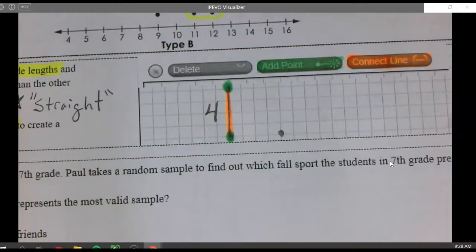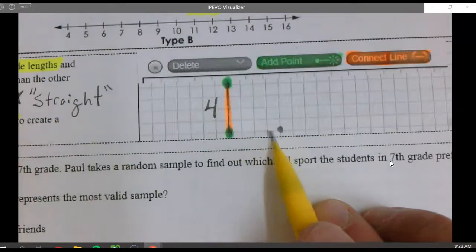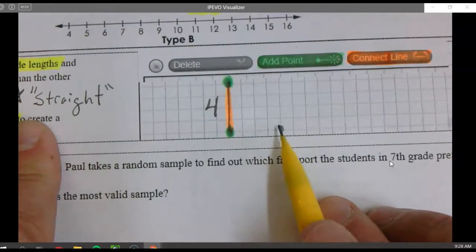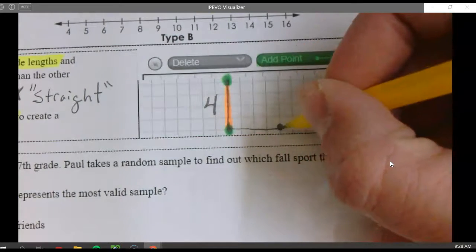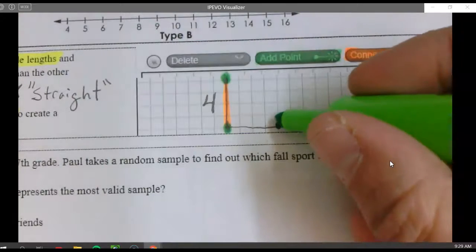Yep, you got to put dots down first because I want you to think about it before you actually go to connect things. So then since I made that one 4, I just drop another point 4 away. But remember, I still want to go straight with the graph.